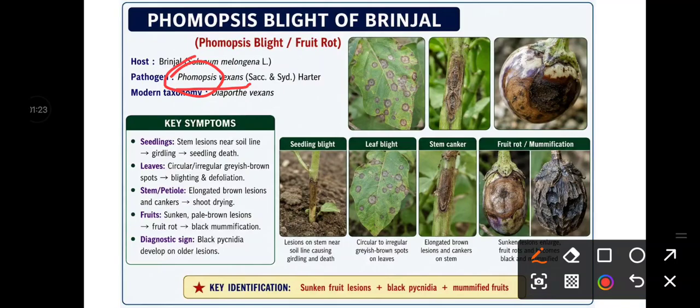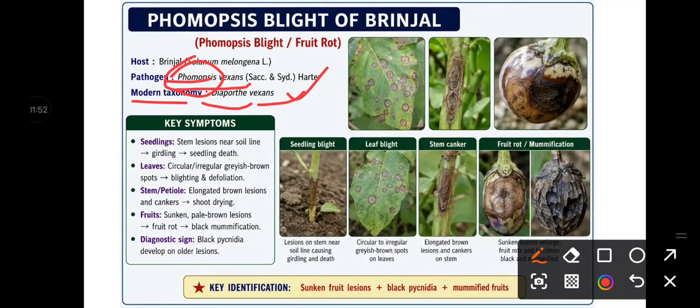So based on the phylogenetic analysis and the new classification, the modern taxonomy, Phomopsis was placed under the Ascomycetes fungi and called Diaporthe vexans.